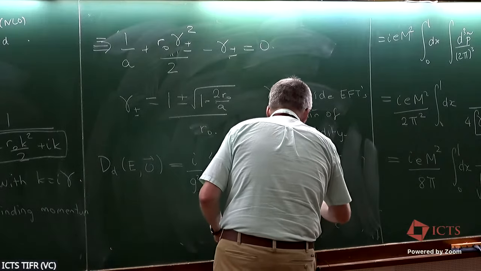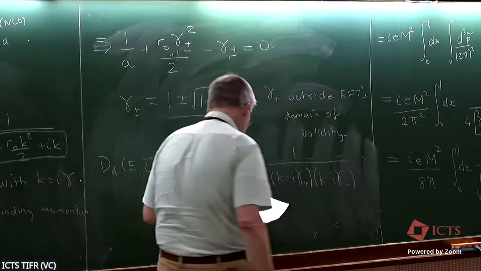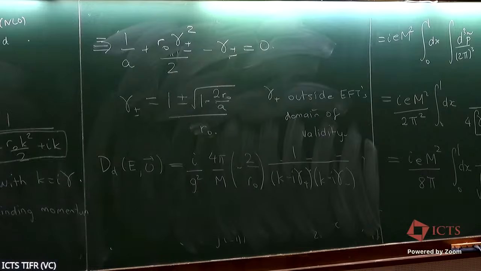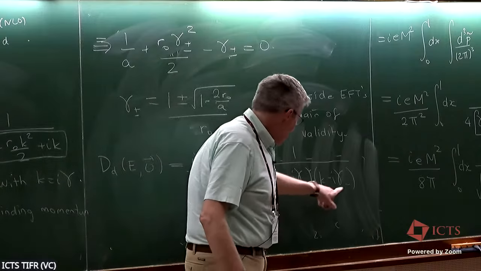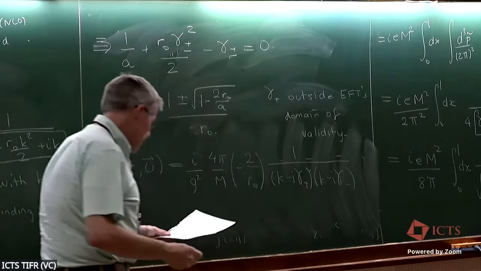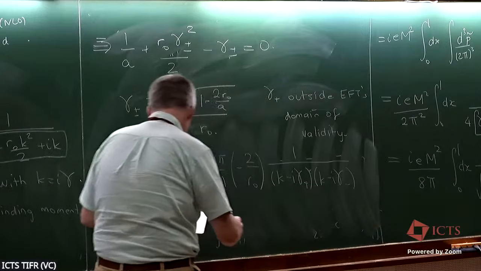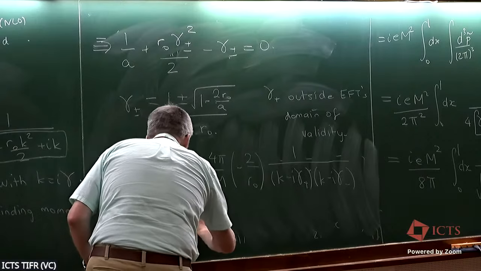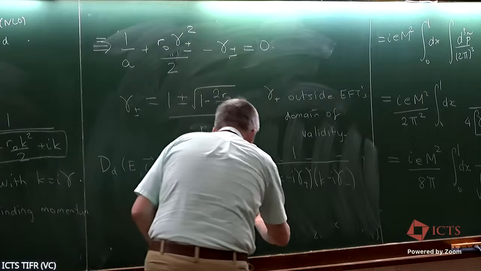I have the deep pole, and I have the pole we actually want at k equals i gamma. And then I can do the same trick I did before the break and multiply top and bottom by k plus i gamma, although here I only want to do that for the shallow pole. And I get a form where this is i over g squared, 4 pi over m, minus 2 over r0.